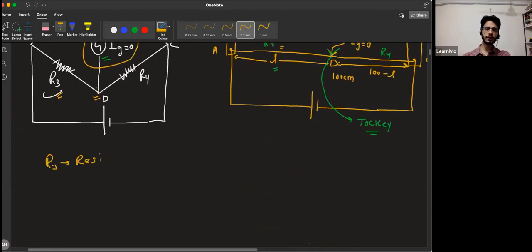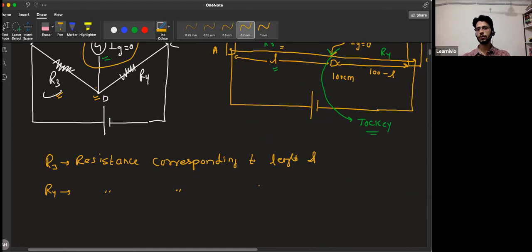R3 is the resistance corresponding to length L. Similarly, what is R4? It's the resistance corresponding to length 100 minus L.